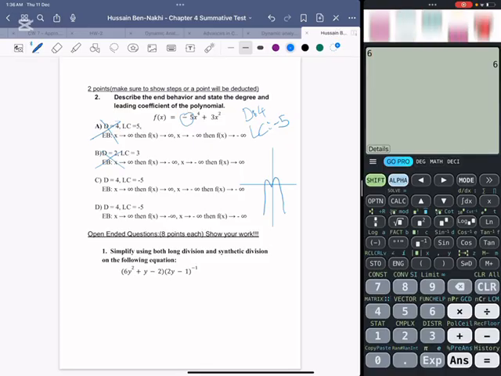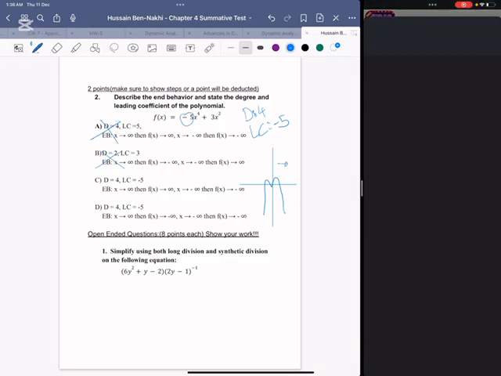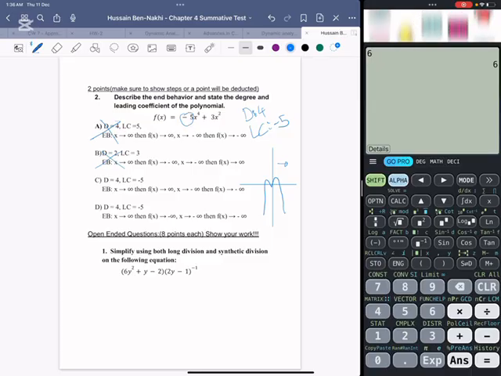Okay, so now that you see this, when x goes to positive infinity, f of x goes to negative infinity, while when x goes to negative infinity, y goes to negative infinity.